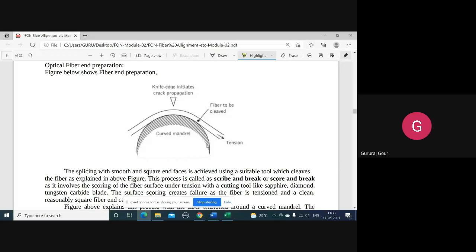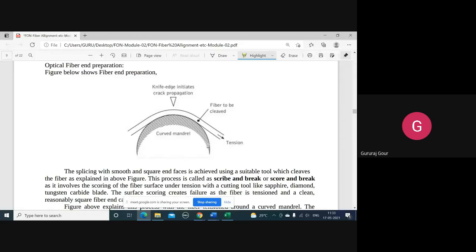Both cross-sectional areas should be perfectly matched and aligned properly. Otherwise, it may lead to longitudinal, lateral, or angular misalignment that will contribute more towards the insertion loss.